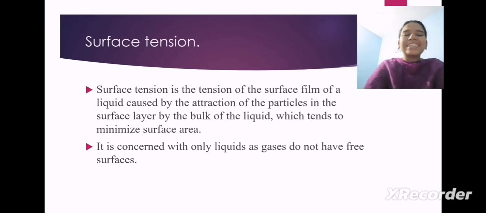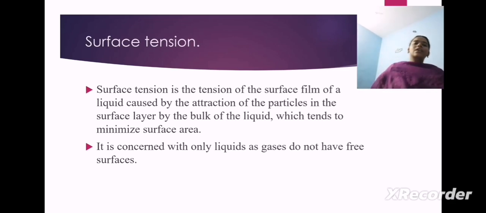So what is surface tension? Surface tension is the tension on the surface film of a liquid. Consider that our liquid has an upper layer, right? Surface tension is the tension of the surface film of a liquid caused by the attraction of particles in the surface layer by the bulk of the liquid, which tends to minimize surface area.